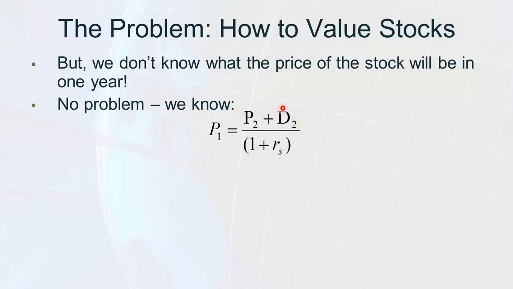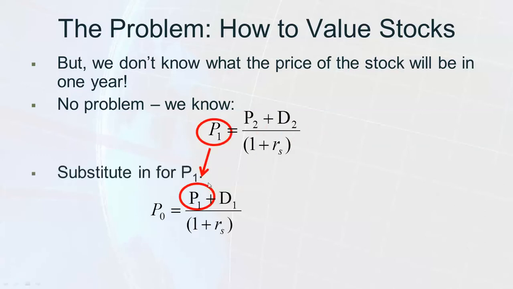So we know this one for sure. We don't know P2, but we know P1 is going to be P2 plus D2, divided by 1 plus r. Okay, so this one we know.